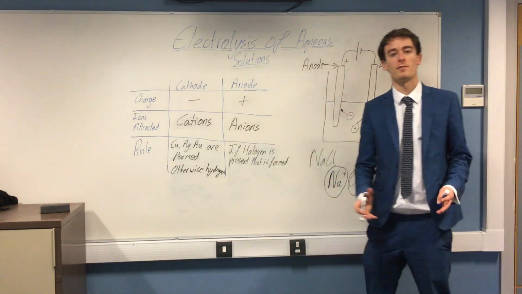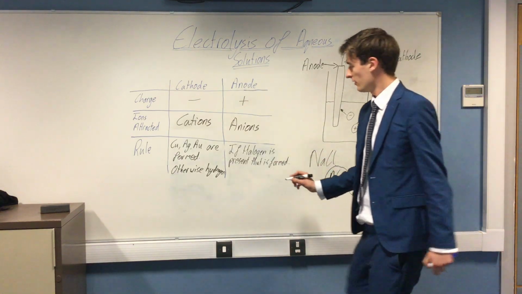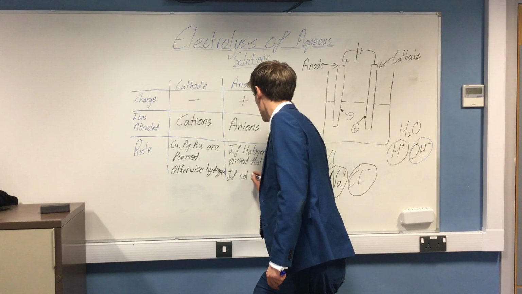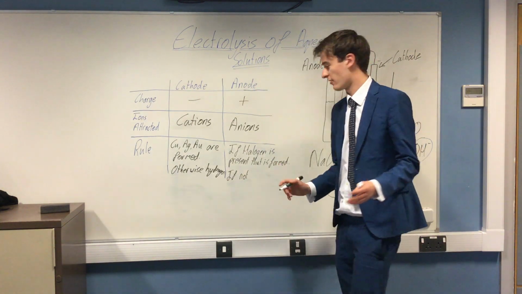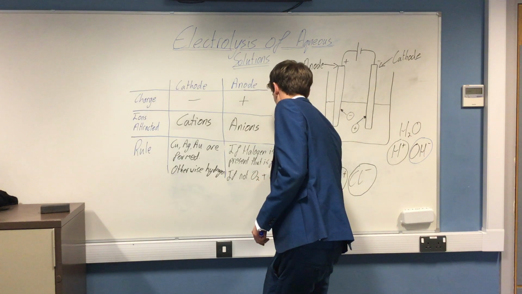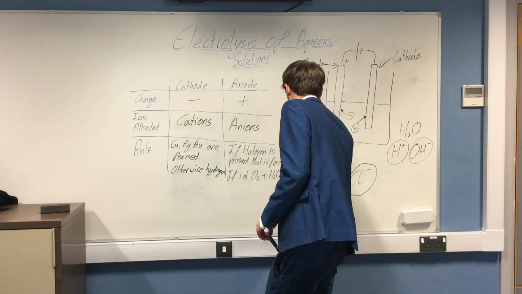And by a halogen I mean something that's in group 7. If not, OH minus wins the race, and oxygen and water is formed.